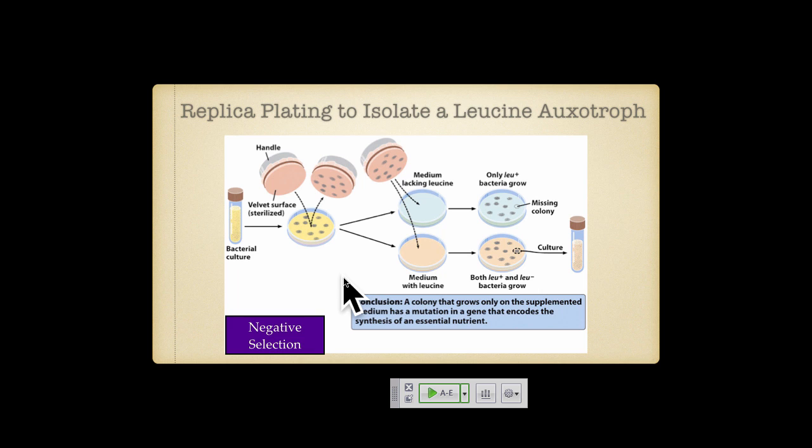Finding these mutants was pretty much a brute force process. It was called replica plating. You had these little round discs, kind of like sponges, or actually velvet was what was used. The idea was you take a bacterial culture and you go through a process called negative selection.